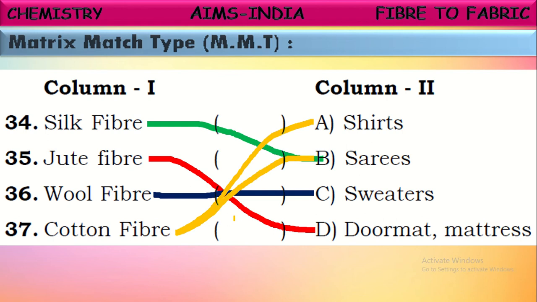So these two can be made. So observe the matching once again. Silk saris, jute, doormat mattresses, wool fiber, sweaters, cotton fiber, cotton shirts, and cotton saris. Okay, this is matching.